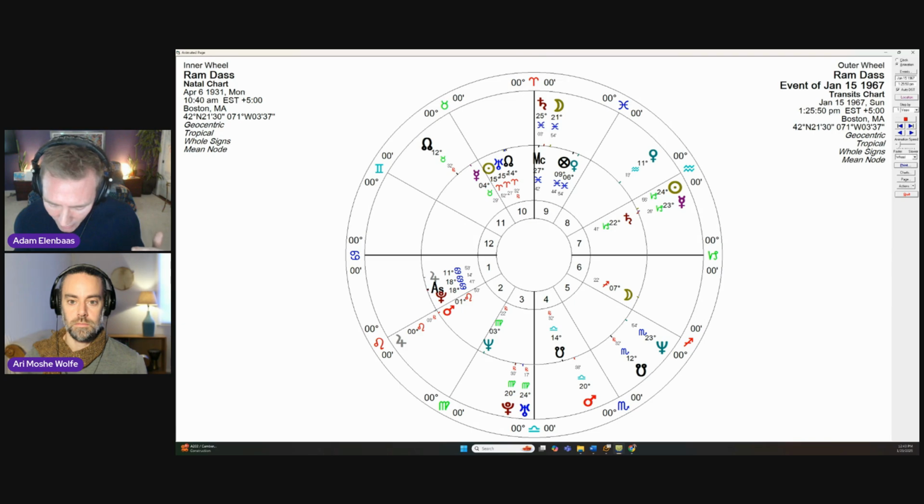The reason that I think that's really cool is because this would be a moment in which someone could speak to things in him that needed to be broken open around his social identity. And I just love that at the time that he meets him, he's got a Mercury Cazimi happening in a very similar spot to where the Venus Cazimi takes place when he comes out. And it's happening again right over that Saturn.